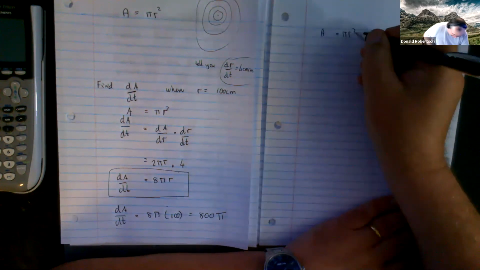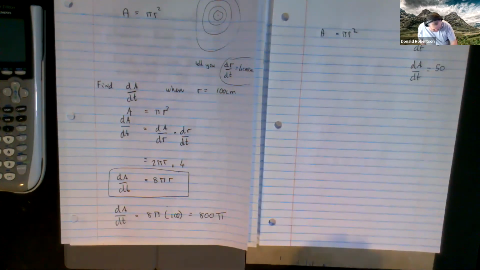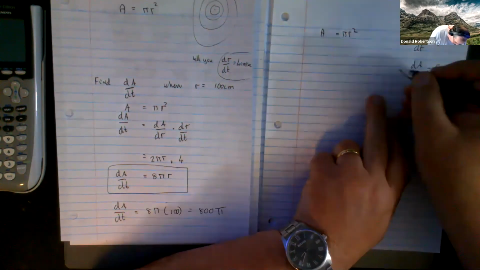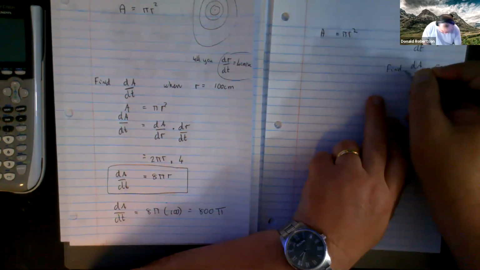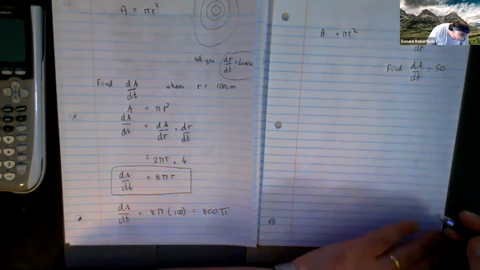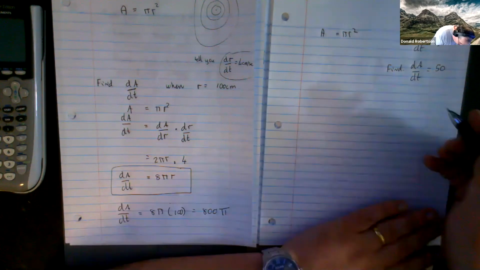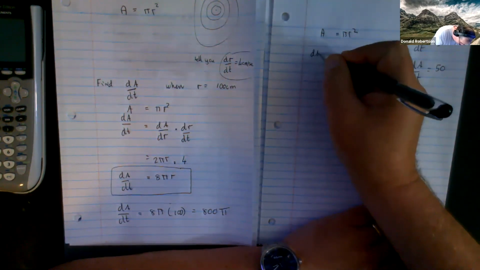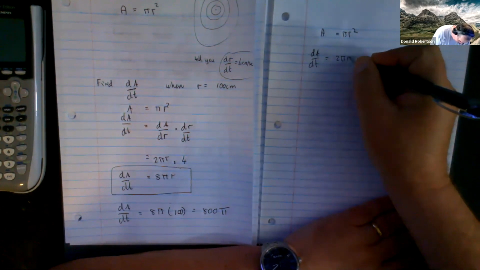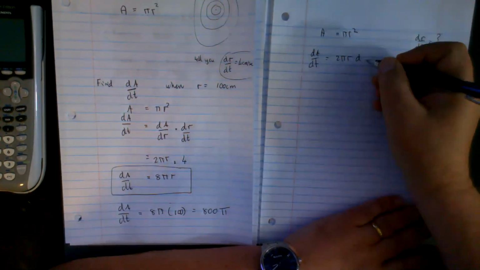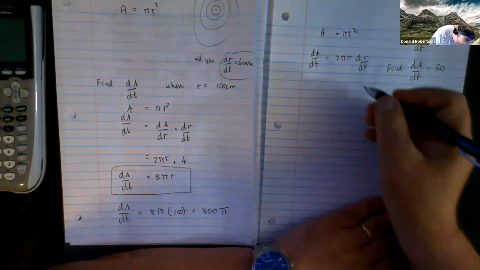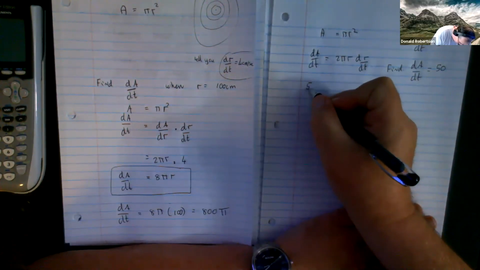So imagine you got the same question. We're going to use related rates, but we're going to use it to find dr by dt. And so how would the back to front formula work? Well, you still know what this is. It's still 2 pi r, dr by dt. Still this guy. But now that guy's 50.